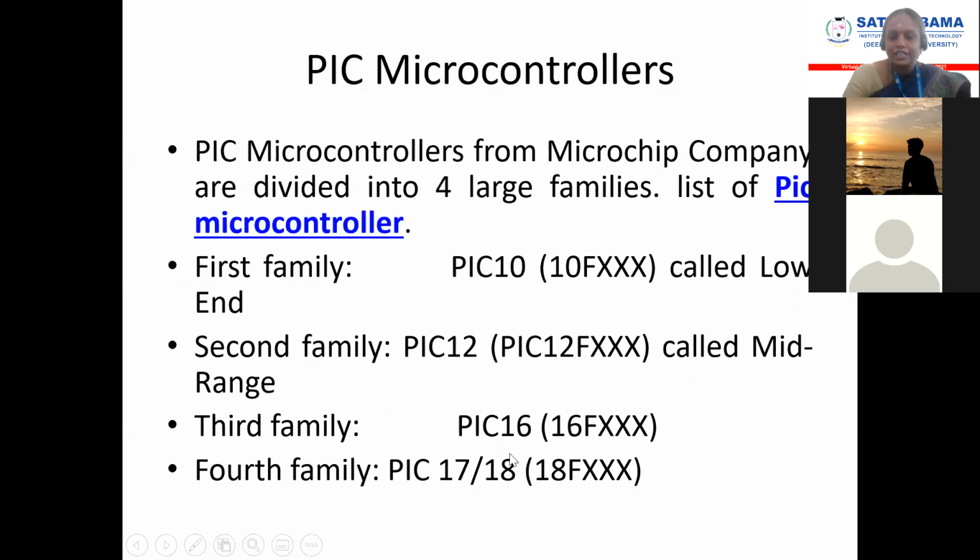Here we are going to study PIC 16F877. After that, the fourth family is PIC 17 and PIC 18, but we are going to see only PIC 16F877. It is the third family of PIC microcontroller, manufactured by Microchip Technology, and F stands for flash memory.